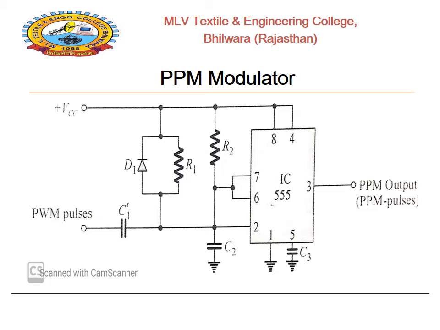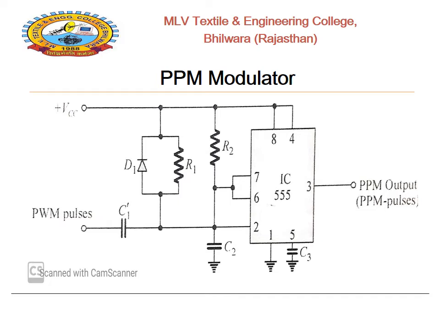The differentiator converts the PWM pulses into two edges, the leading edges and the trailing edges. That means the differentiator will produce positive and negative spikes according to the leading and trailing edges of the pulse width modulated waveform. These spikes are given to the diode D1.